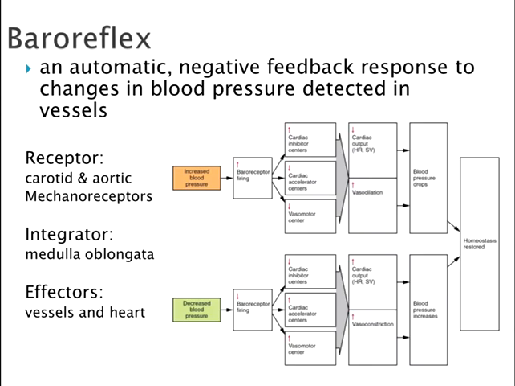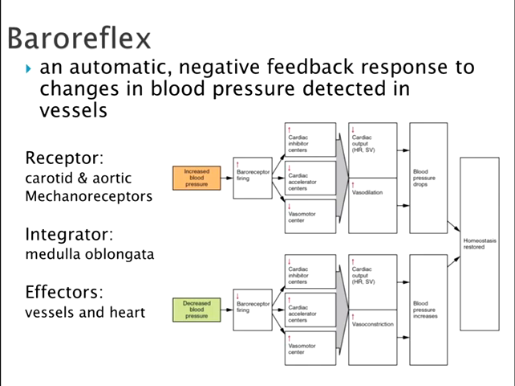So let's say that the receptor detects an increase in blood pressure. That means you're getting increased stretching or increased baroreceptor firing. And what that's going to do is it's going to increase the cardiac inhibitor center, right? So think about that. It's increasing the inhibitor. The inhibitor is what's going to lower blood pressure.